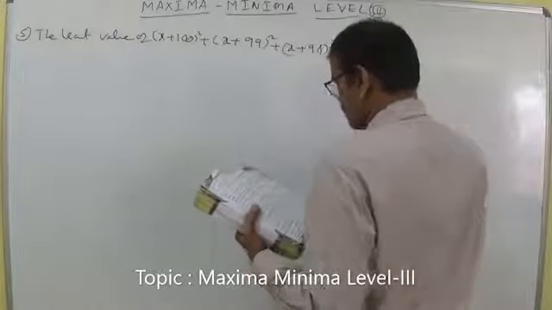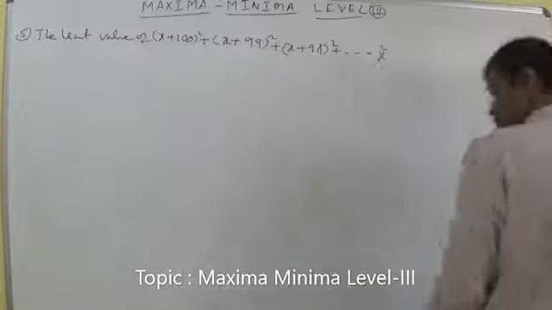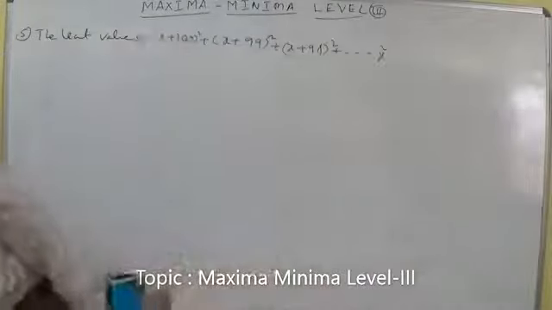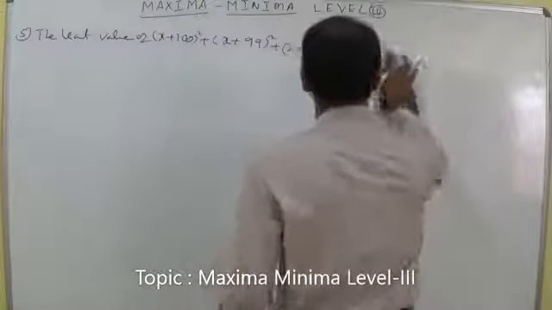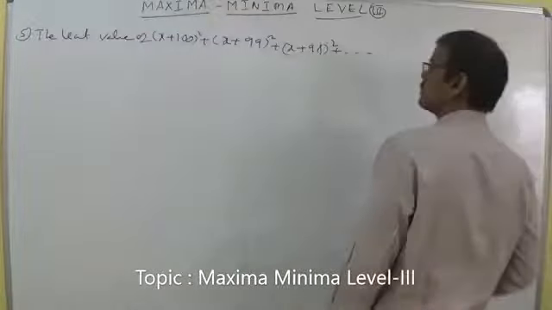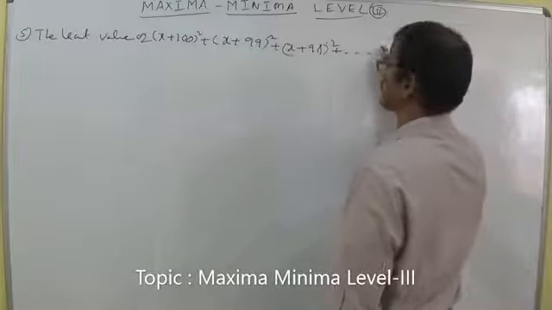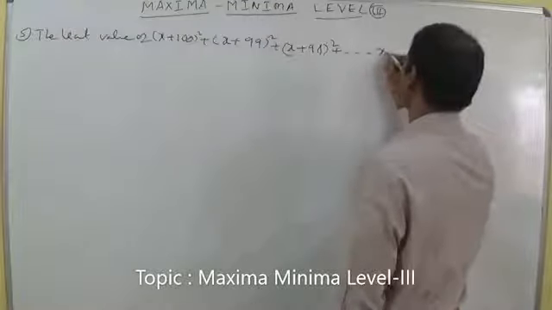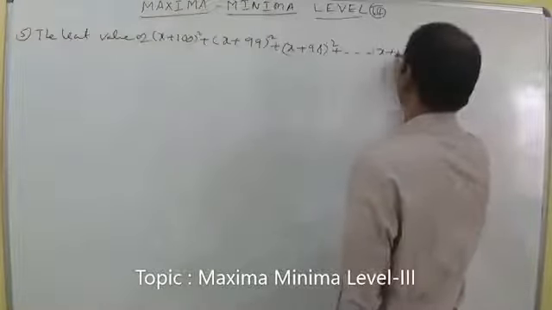Let us write here (x plus 1) whole square, later x square. It is a group of terms (x plus 100) whole square plus (x plus 99) whole square, like that, and (x plus 1) whole square.